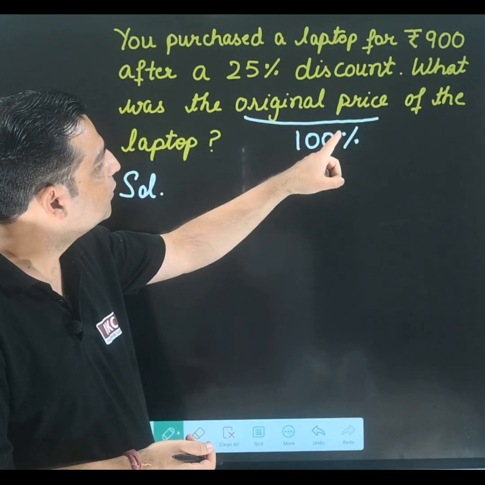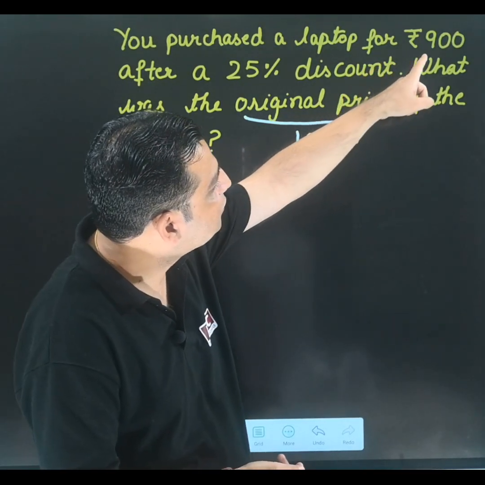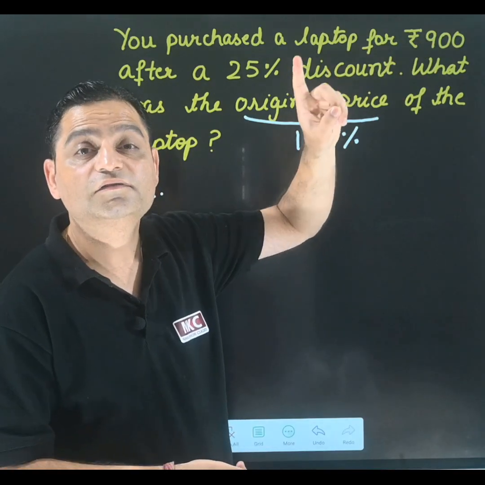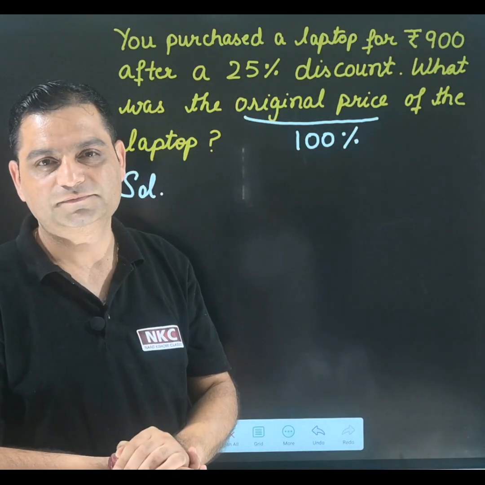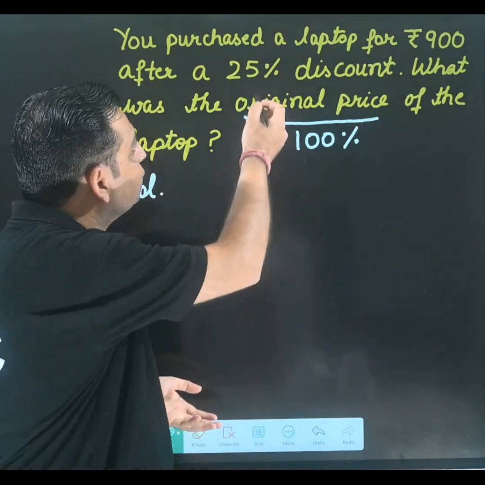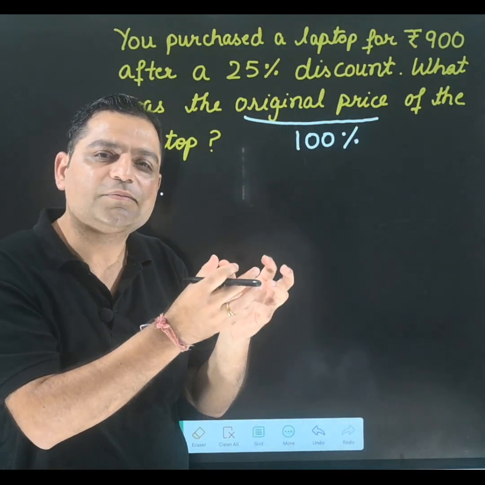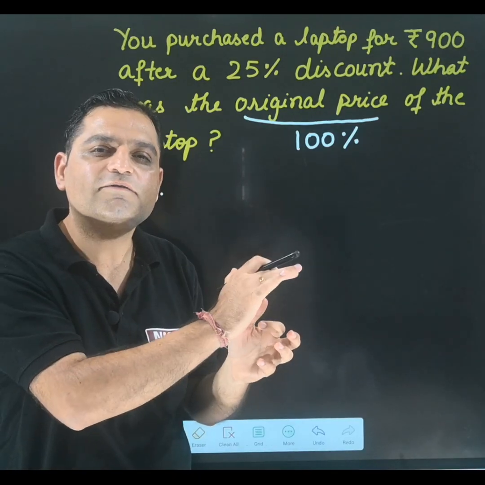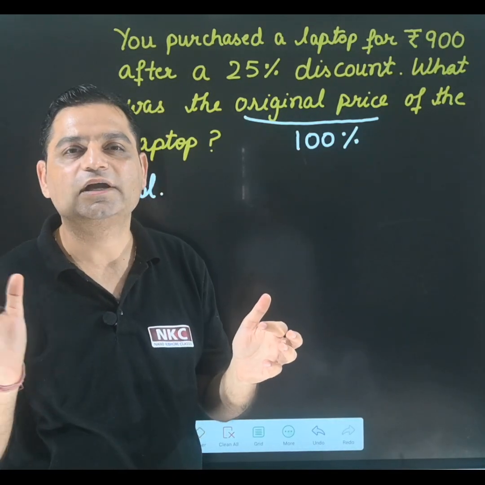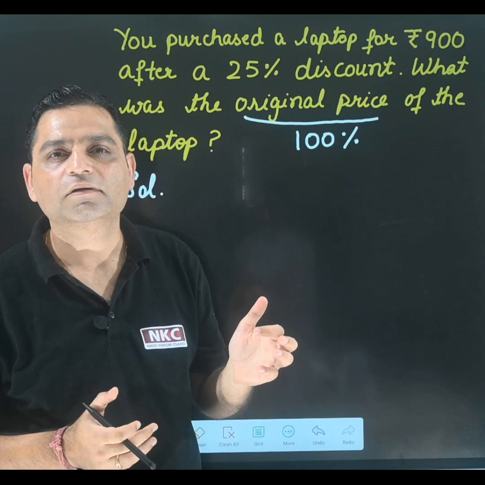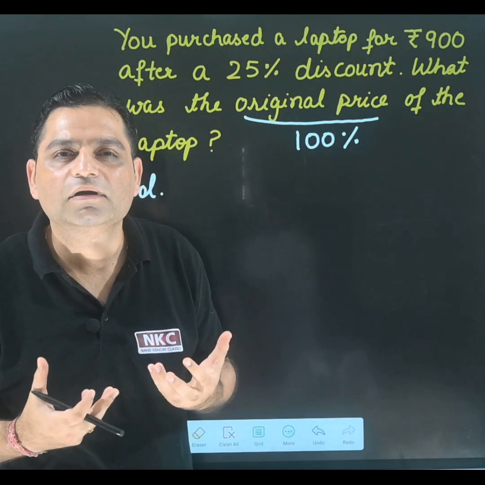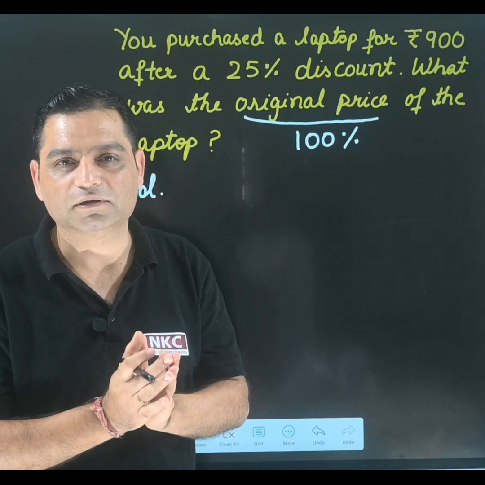Now, the original price is 100%, but this 900 is actually 75%. Why? Because 25% discount was given. If the actual price was 100%, a 25% discount means less is given to me. That means how much have I paid? I have paid 75% only.